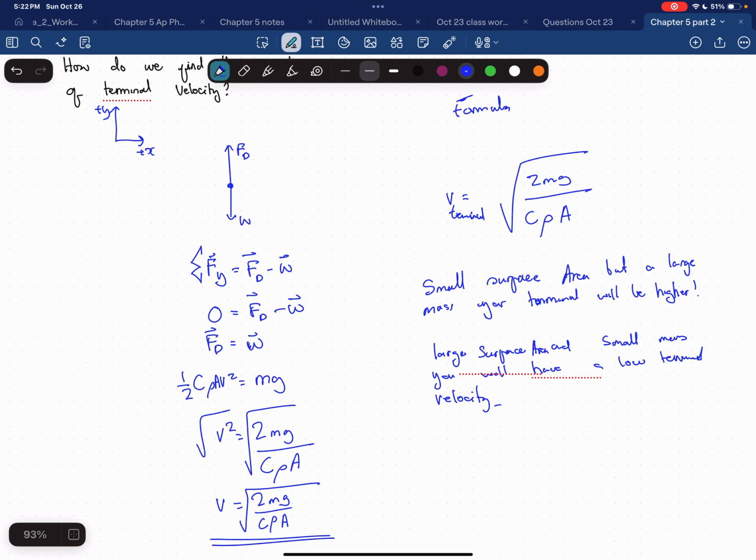And of course, if you have a small surface area and a small mass, you'll be very low. So basically what I'm trying to say here is that larger objects with a larger mass will fall faster. And if you fall faster, the impact on the ground will be a lot harder on your body. But if you're a small object with a small mass, there's even a chance you may survive falls from the highest of areas.